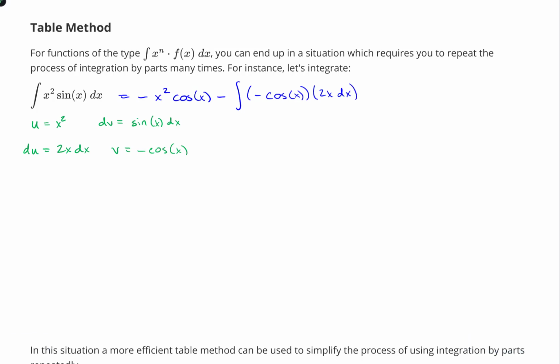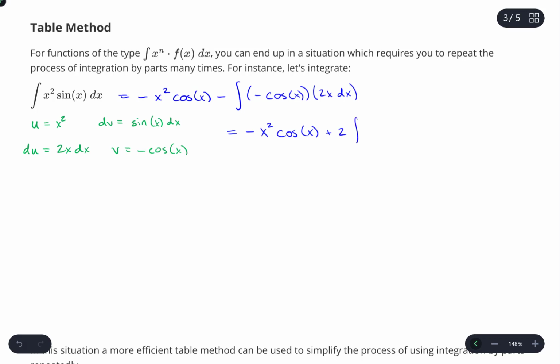Okay, simplifying here, we can see that this 2 can come out front of the integral and we can make a positive. So I'll just write this as negative x squared cosine of x plus 2 integral of x cosine of x dx.